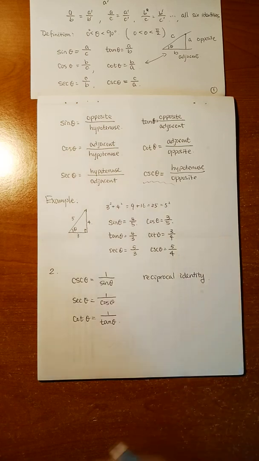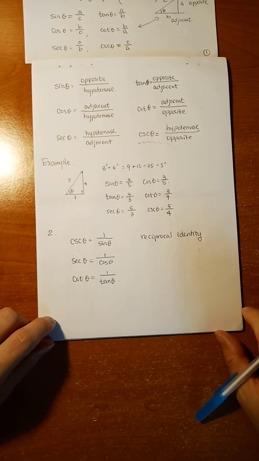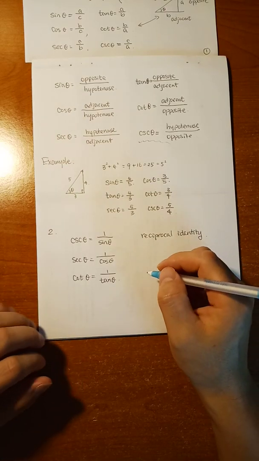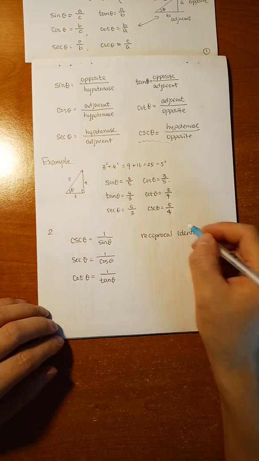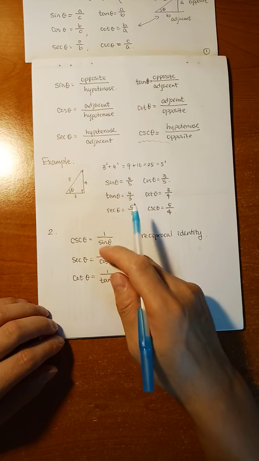That's a very important observation. It just means we only need to study 3 of them. The other 3, you flip, and you will get the properties. This is the reciprocal identities. You have 3 reciprocal identities.